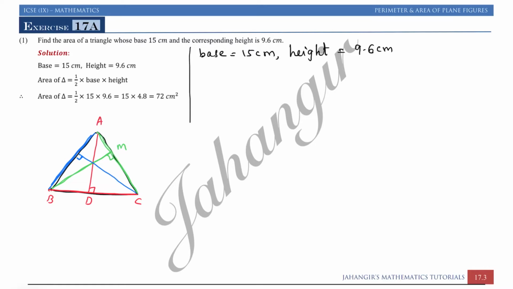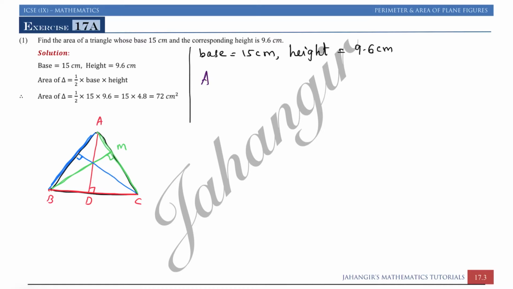So every height has its corresponding base and every base has its corresponding height. So when they say corresponding base and corresponding height, it means it's related to a perpendicular shape. So now we have to find area of triangle.